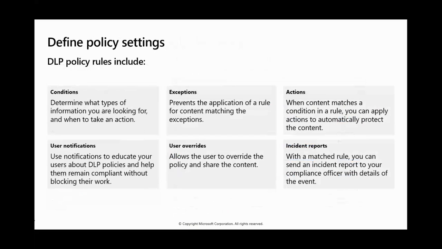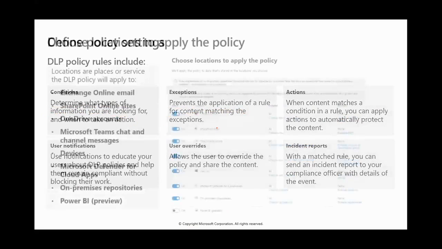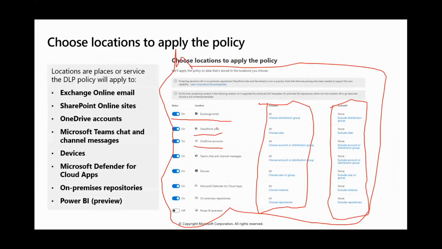The conditions determine what types of information we are looking for, and once we know what kind of information is to be protected, we take an action. Exceptions prevent the application of a rule for content matching examples. So you saw right here what is going to be included and what is not going to be included.